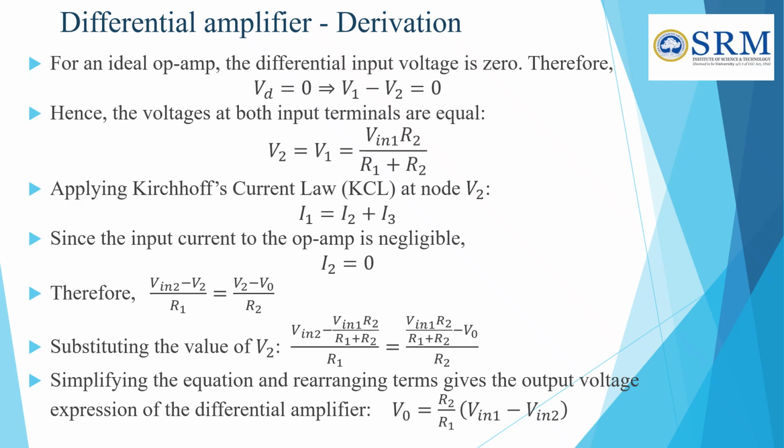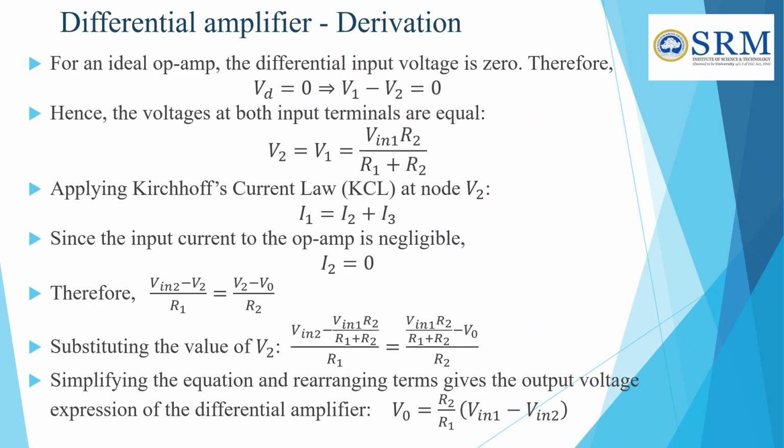So I1 equal to I2 plus I3, but the input current to the op-amp is negligible, so we can consider I2 is equal to 0. Therefore, we can write the equation as (Vin2 minus V2) by R1 is equal to (V2 minus V0) by R2.